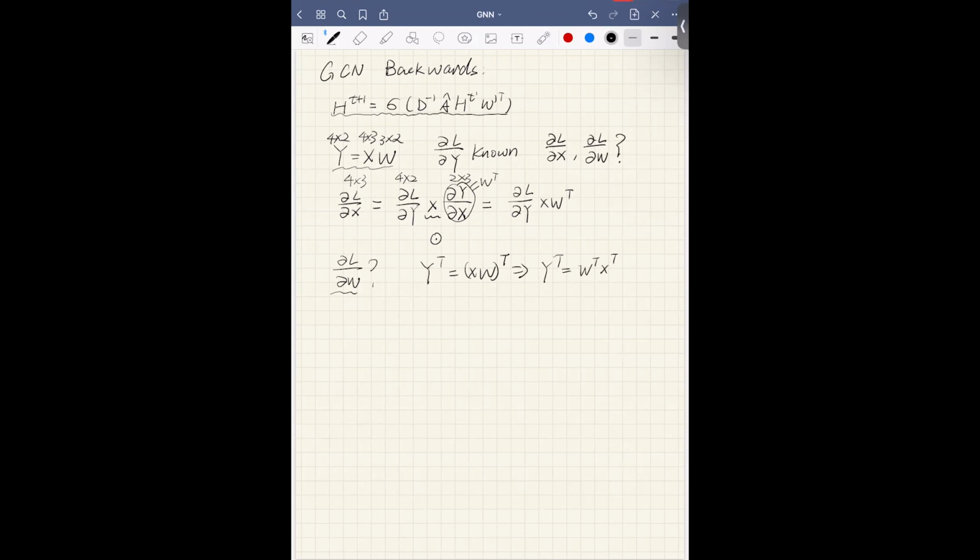The transpose can help us swap the order of x and omega. Sorry, the w term, not omega.